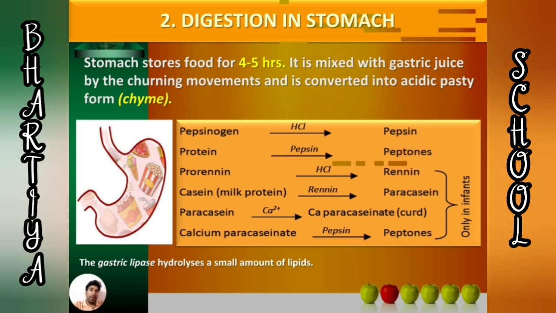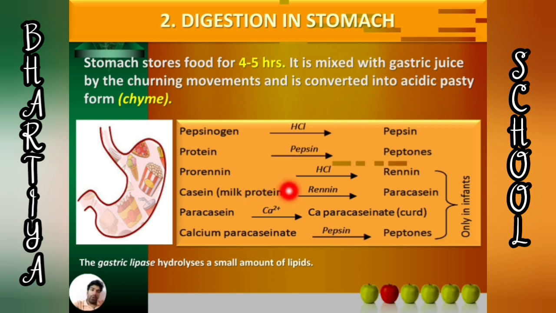But in the case of infants, the digestion of proteins occurs in a different way: the enzyme prorenin is activated by HCl into renin. The word pro means inactive, and when HCl is present in the stomach, it activates prorenin into renin. As we know, infants basically feed on milk. Milk contains a protein, casein.